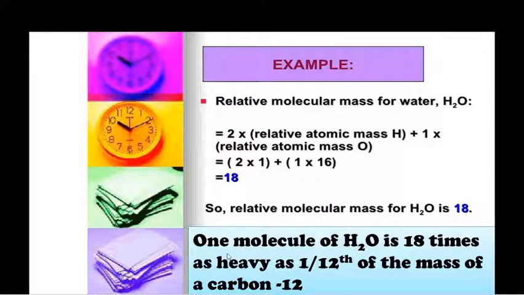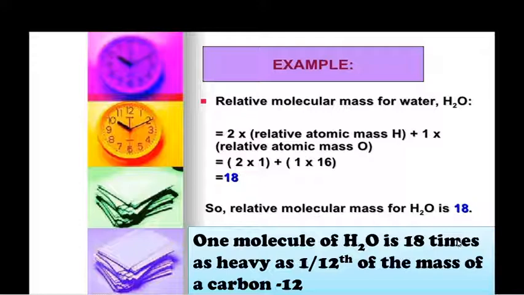Look at this. 1 molecule of water is 18 times as heavy as 1 by 12 part of the mass of 1 carbon-12 atom. So they are just comparing 1 molecule of water. The molecular mass of 1 molecule of water is 18.